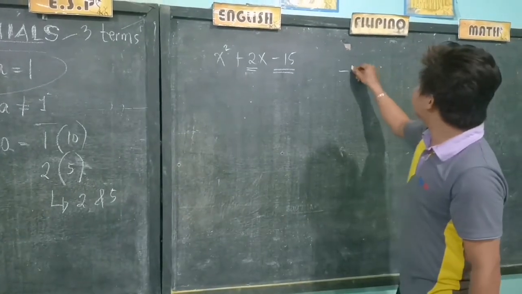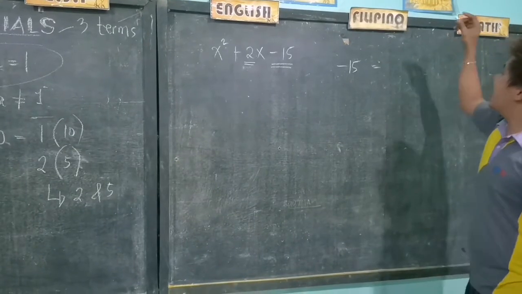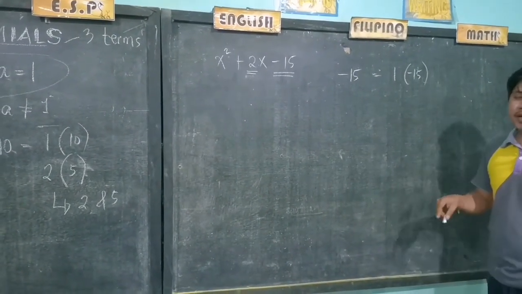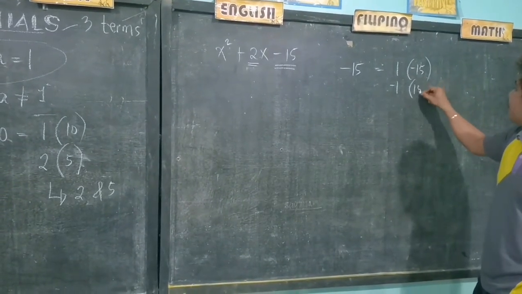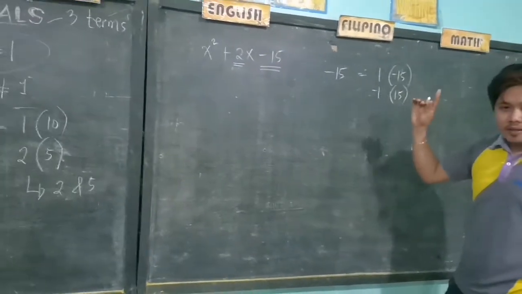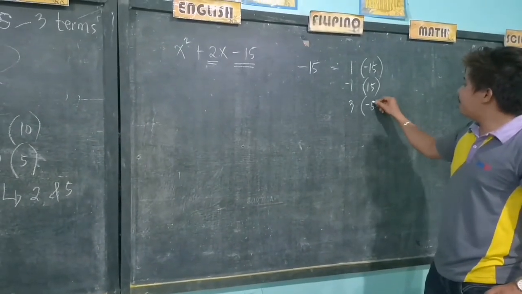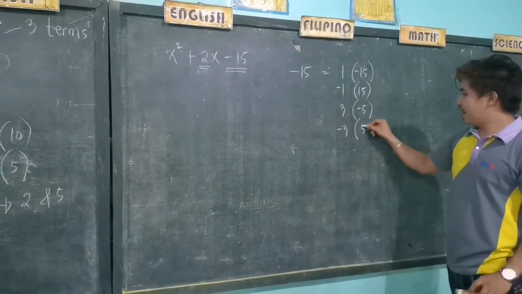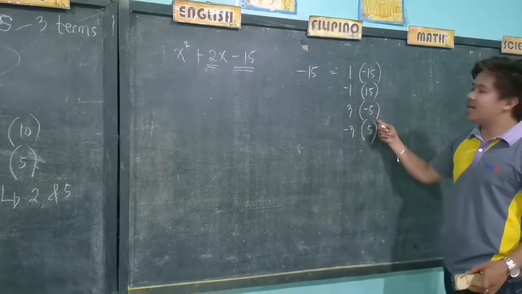So the factors of negative 15 could be 1 and negative 15. We also have negative 1 and 15. Then we also have 3 and negative 5, and negative 3 and 5. These are the factors of negative 15.